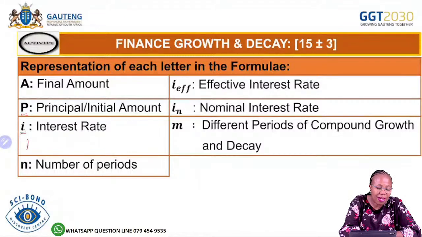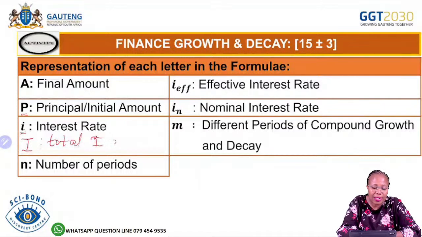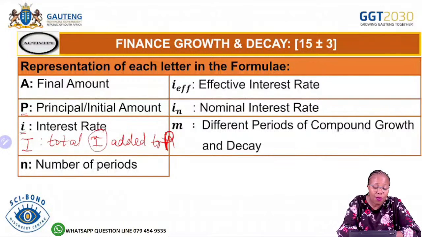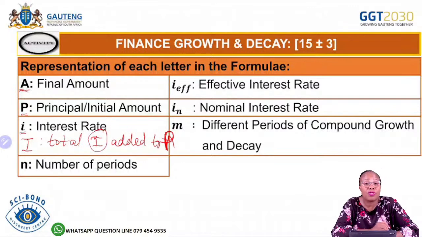And then when you have capital I now, that is the total interest added, okay? That is the total interest added to what? To your amount, to the principal value, so to the value that you invested. That means now this I will be in the total amount that you receive now.